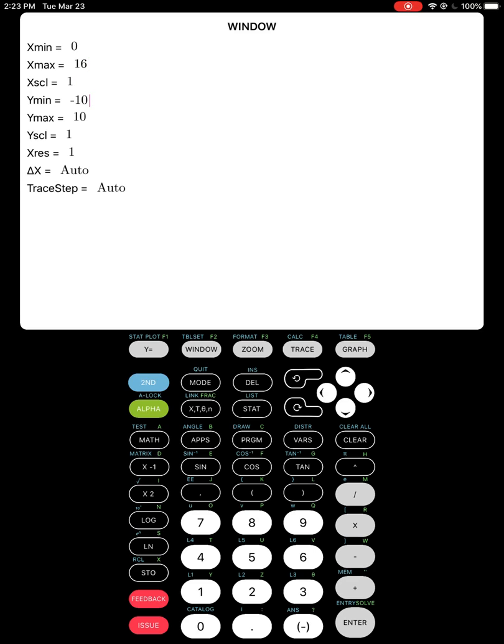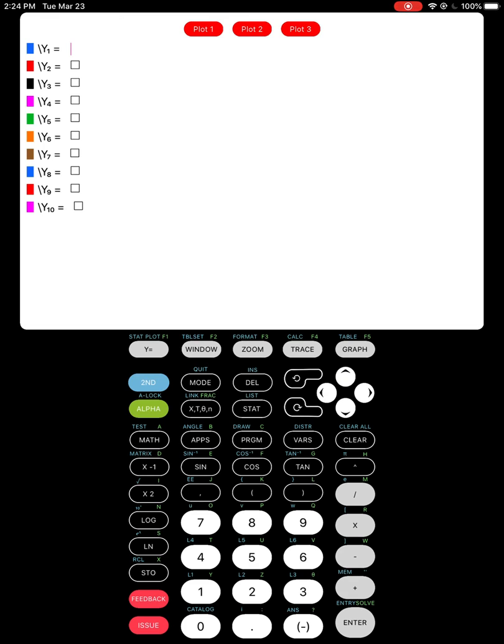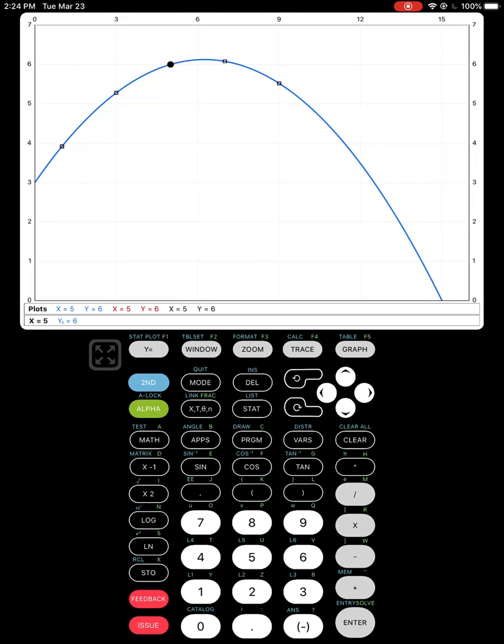Oh, 16. 0. 7. Okay, we'll just leave it at that. Oh, it really crashed. Negative 0.08 x squared plus x plus 3. Graph. There we go.